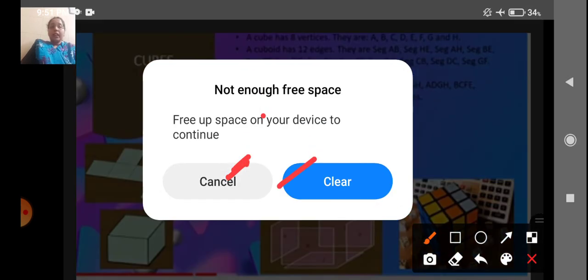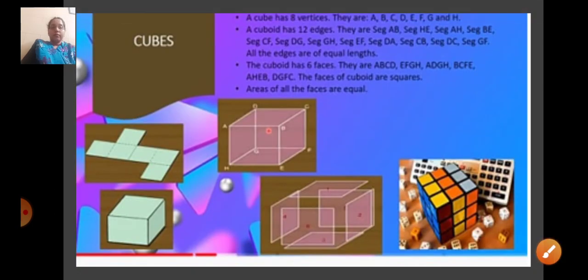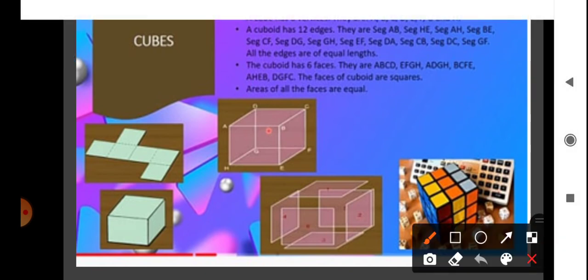Above one A, B, C, D. Down one is E, F, G, H. Now the next one we'll see is A, D, G, H. A, D, and the down one is G, H, like this.